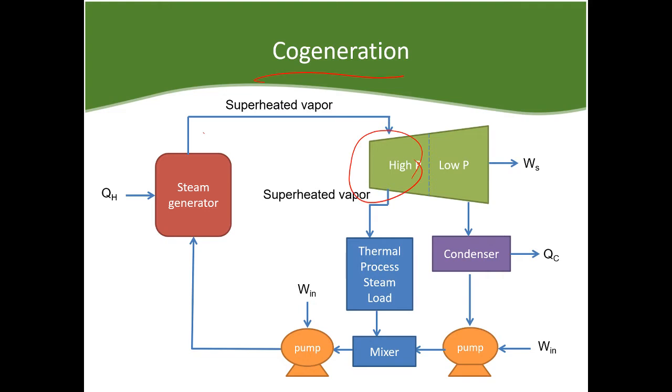Meron siyang high pressure turbine at saka low pressure turbine. Doon sa high pressure turbine, in-extract partially yung steam na gagamitin to heat a process. Doon sa low pressure turbine naman, fully nag-expand yung steam.